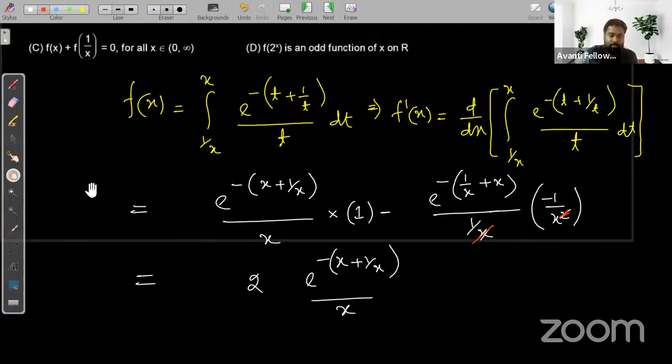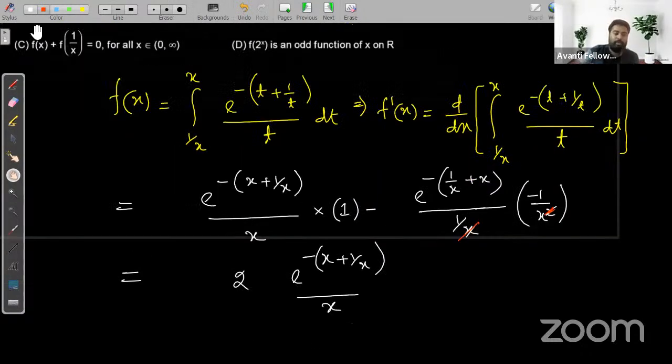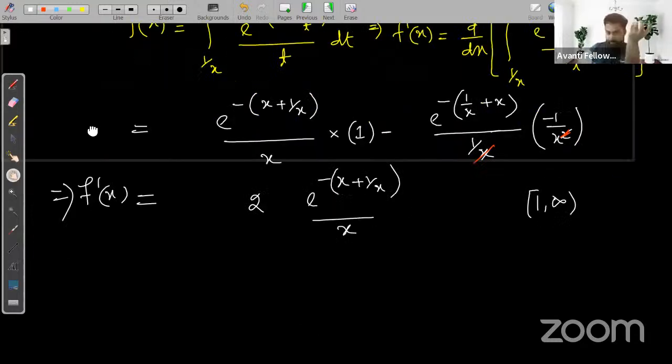So what is the interval given in option A? 1 to infinity. This is my f dash of x. You need to check whether in the interval 1 to infinity it is positive or not. In the interval 1 to infinity, the exponential function is always positive, so the numerator is always positive.